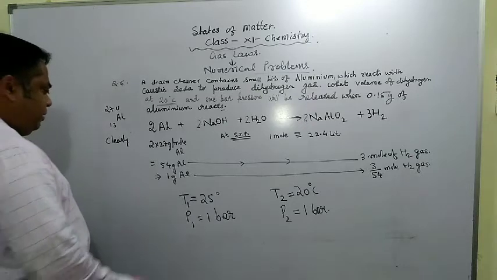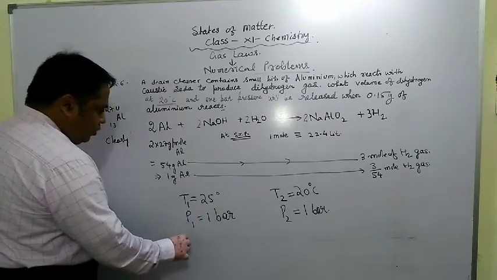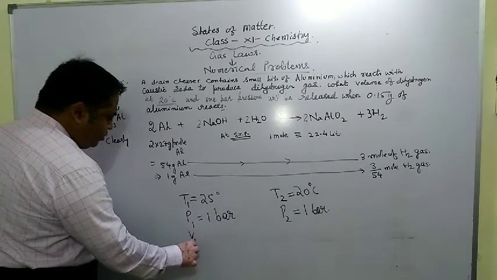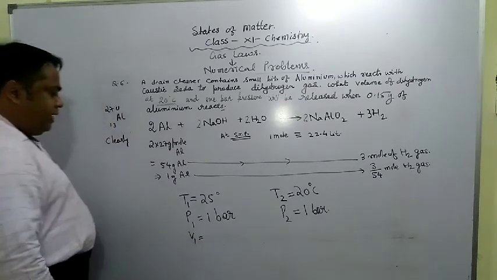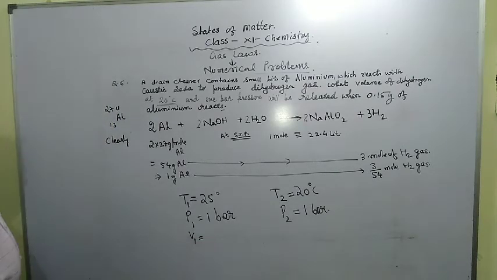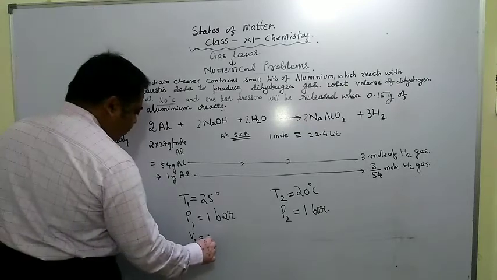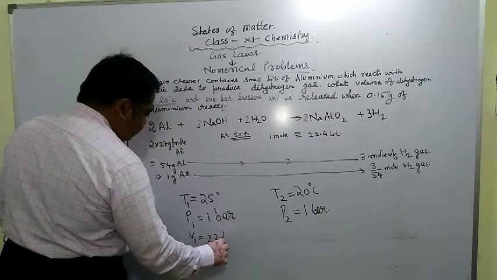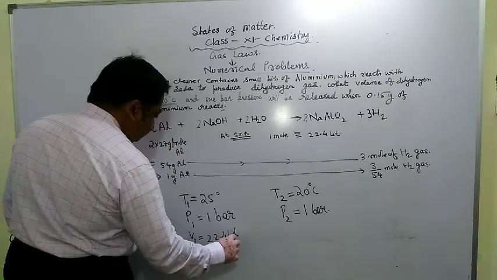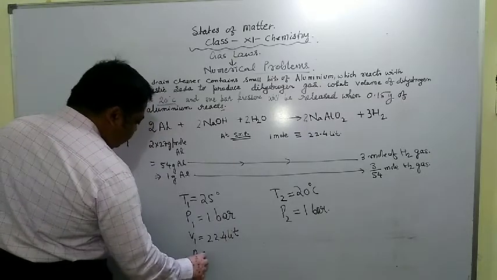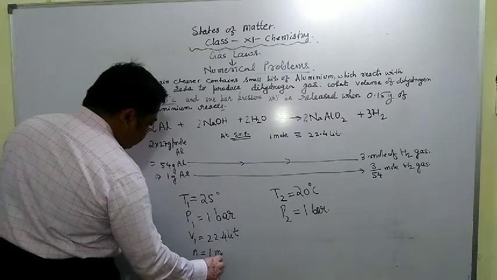So for standard temperature and pressure, the volume of 1 mole of gas is equal to 22.4 liter.